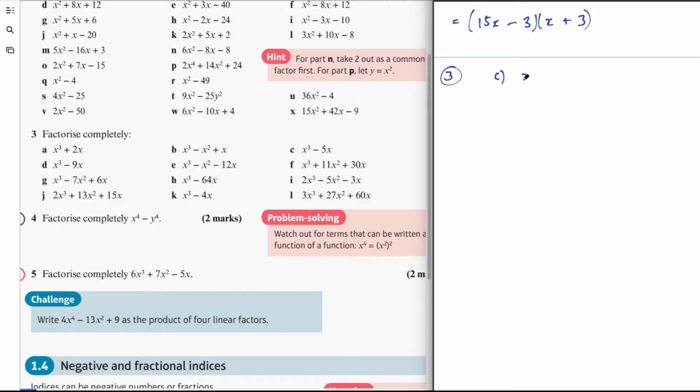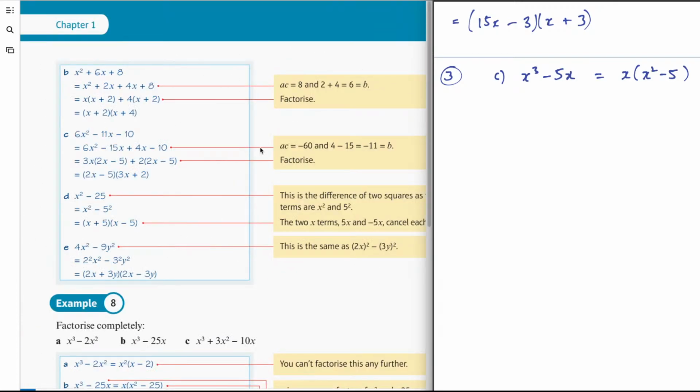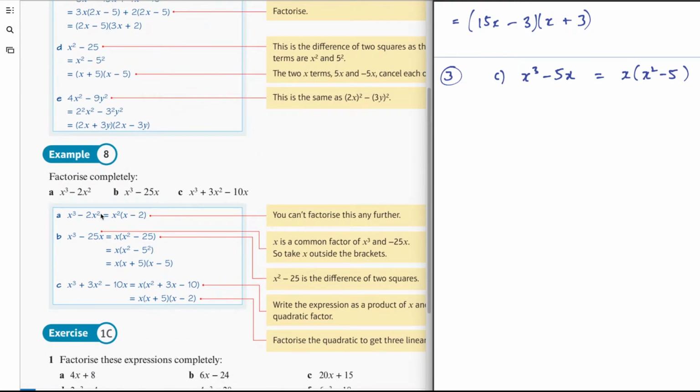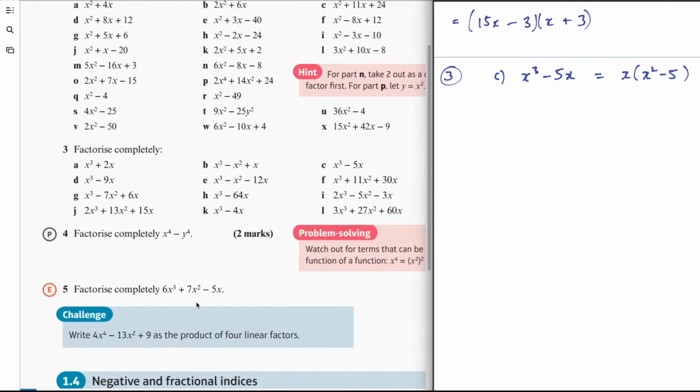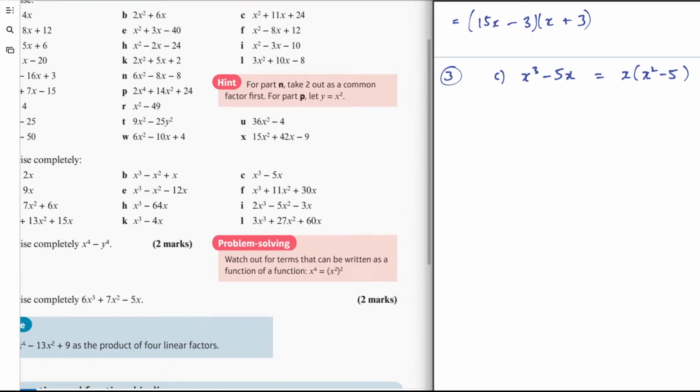So for C, x cubed take 5x. We have x as a common factor. Is there anything else they wanted us to do with that? No. Oh, and then some of these we might have to do something with. So C, there's nothing else we can do with that expression.